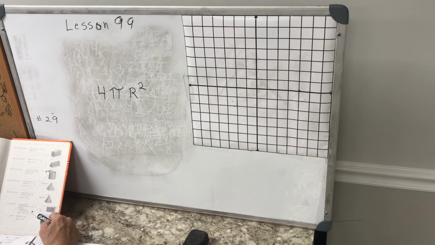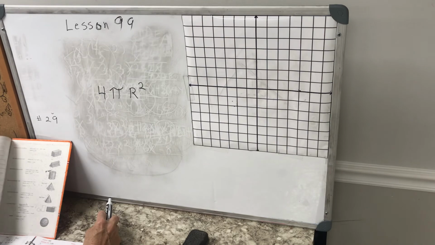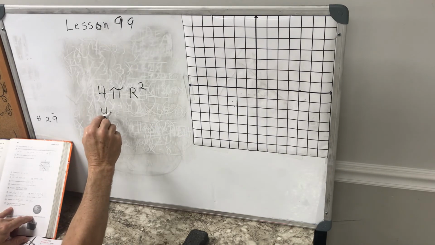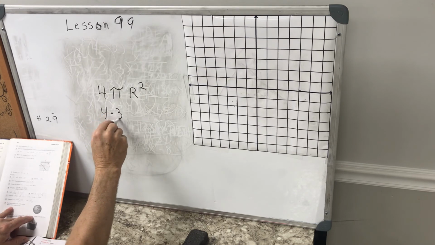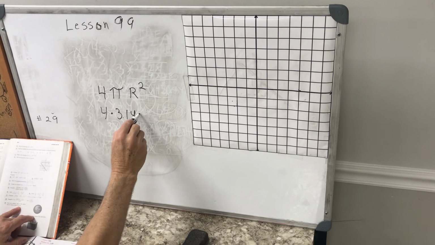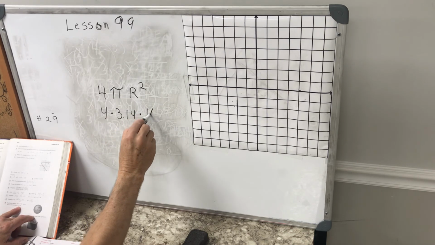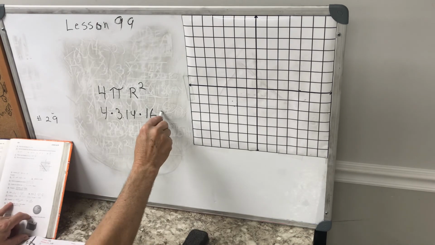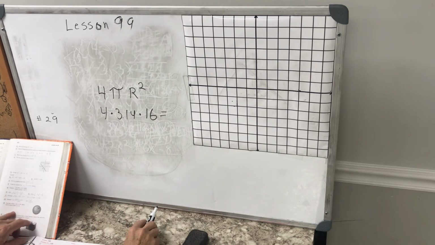Surface area of a sphere is 4 times pi times radius squared. That is correct. Okay, so we have 4 times 3.14, and the radius is 4, so it's going to be squared. It's going to be 16. That's going to equal, I'm going to let you do it. I don't have a calculator here. I'll let you do the multiplication and then make sure you label that right.